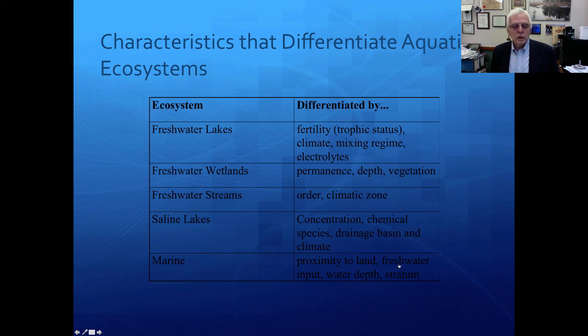Freshwater streams and rivers are distinguished based on order and climatic zone. Saline lakes are distinguished on the concentration and chemical species of salts found in them, as well as drainage basin and climate. And marine ecosystems are usually distinguished from one another based on their proximity to land, their freshwater input, the water depth, and the kinds of strata that one is considering.